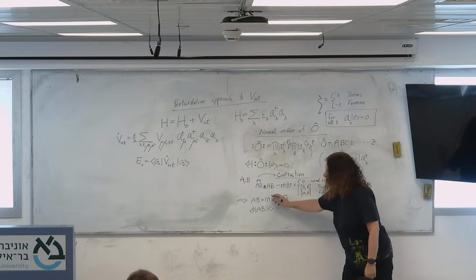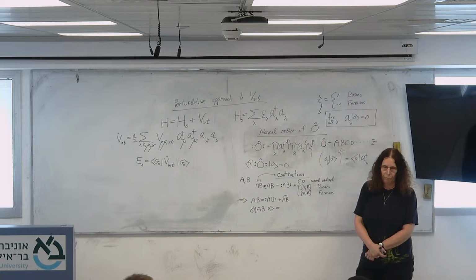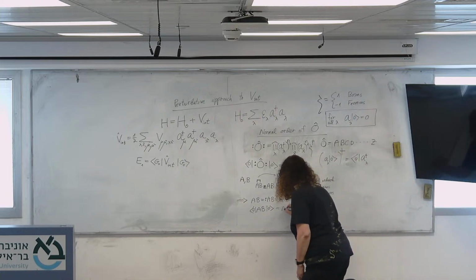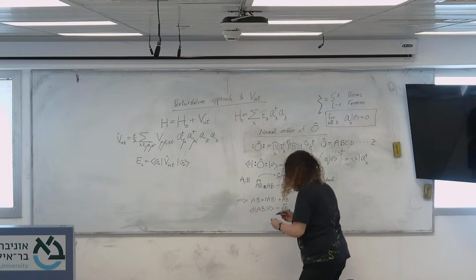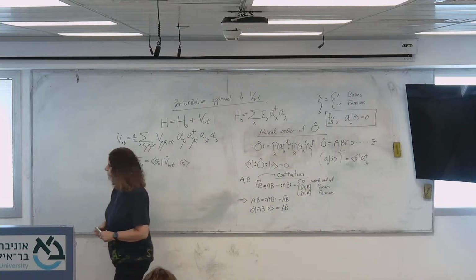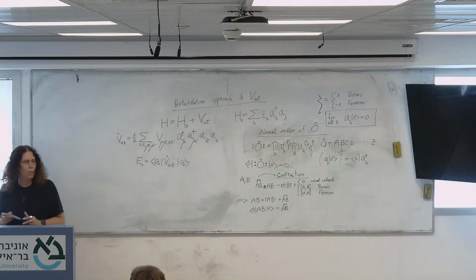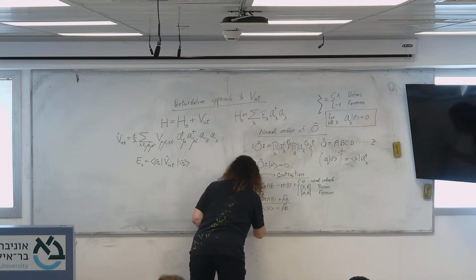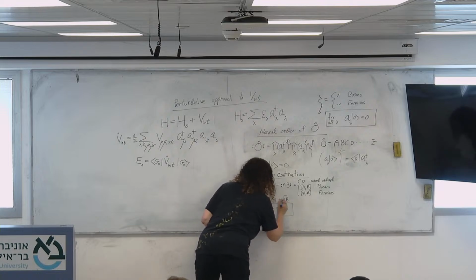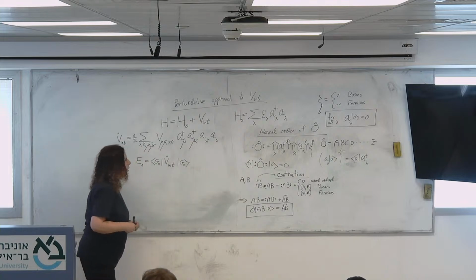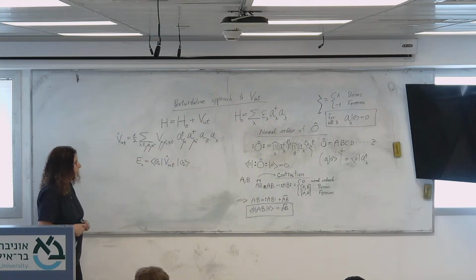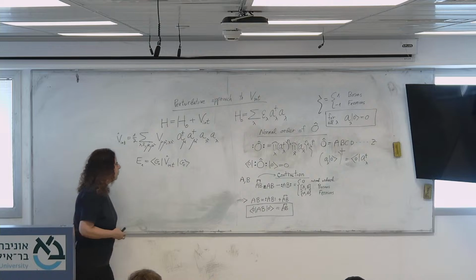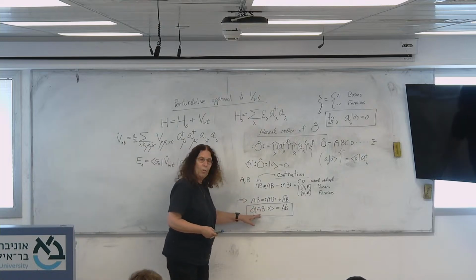Because the first term will give me 0. Okay, so actually this thing that I called a contraction is the vacuum expectation value of a product of two operators.